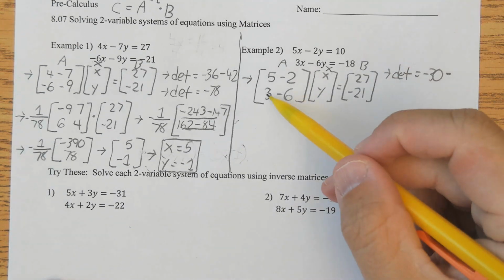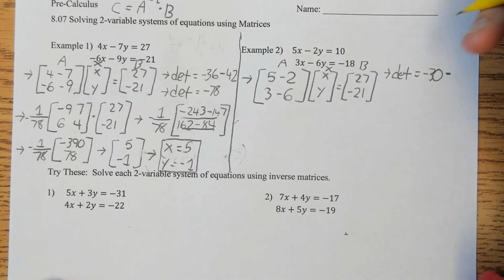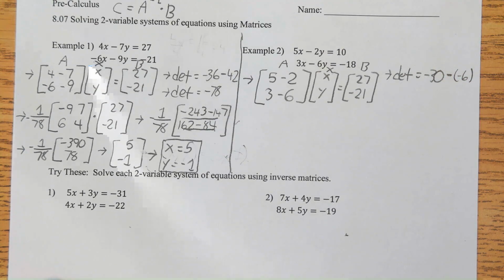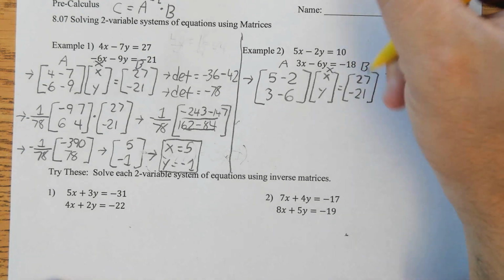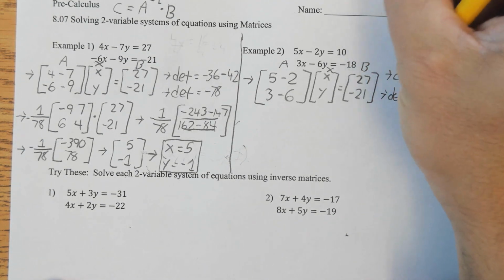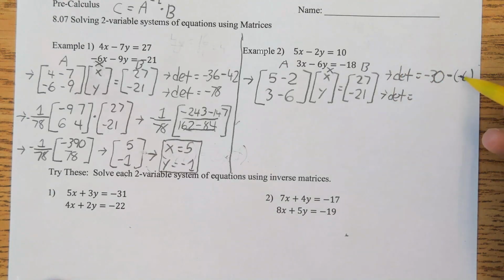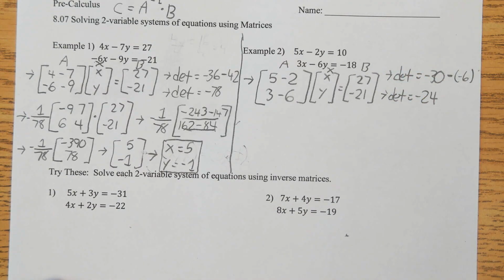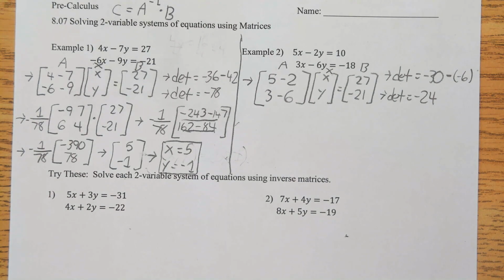Minus sign, 3 times the negative 2 is a negative 6. But remember, you got that minus sign already there for the formula. So that means your determinant is going to be negative 30 plus 6. So it's going to be negative 24. So yes, we can go ahead and solve the system because we did not get a determinant of 0.